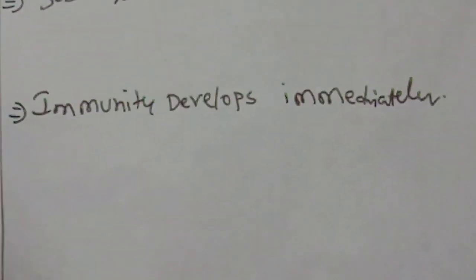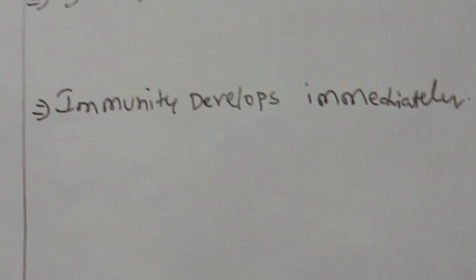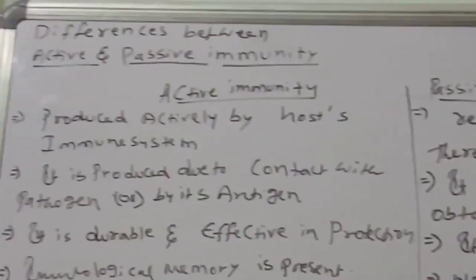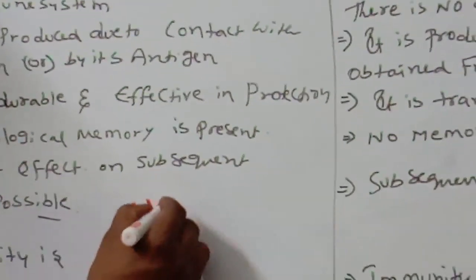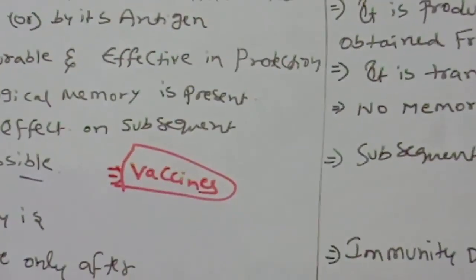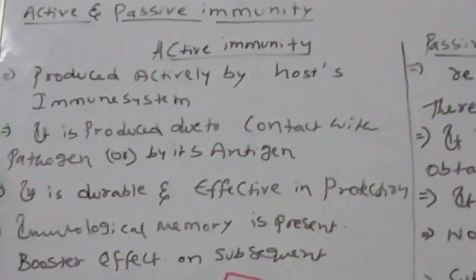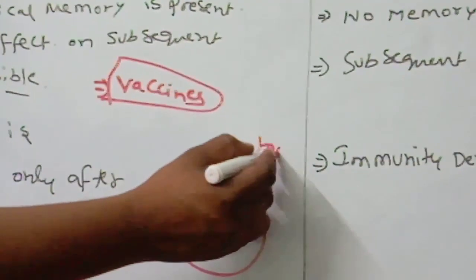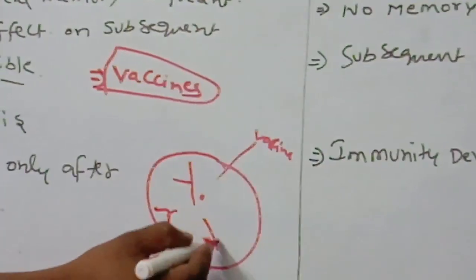Okay children, observe very carefully. This is about active and passive immunity. What is active immunity? In a simple way, I will give one example: vaccines. This is produced actively by the host immune system. Suppose this is a host and we give a vaccine.